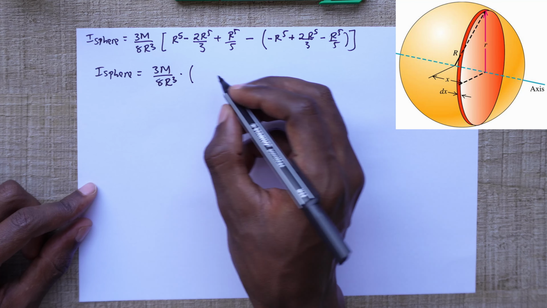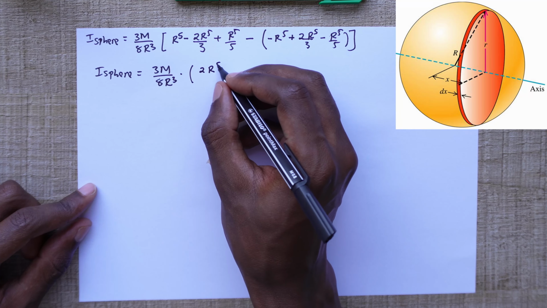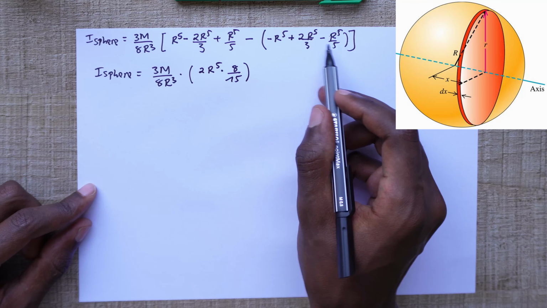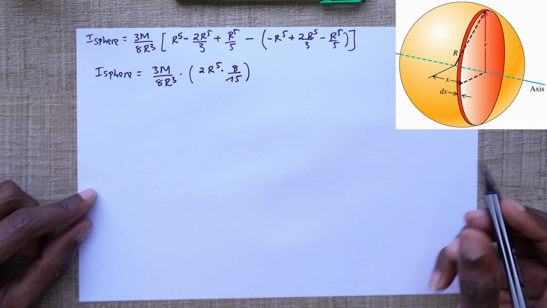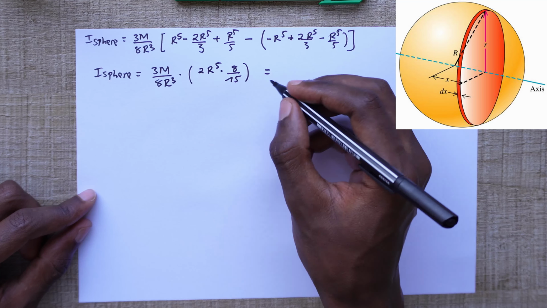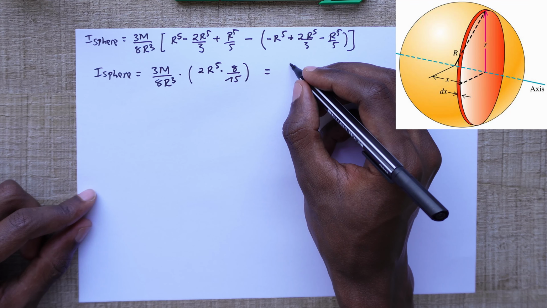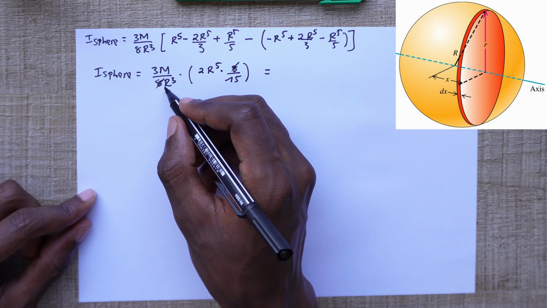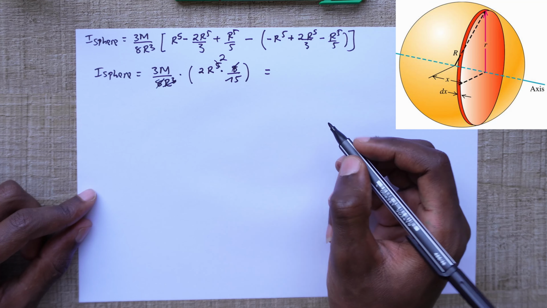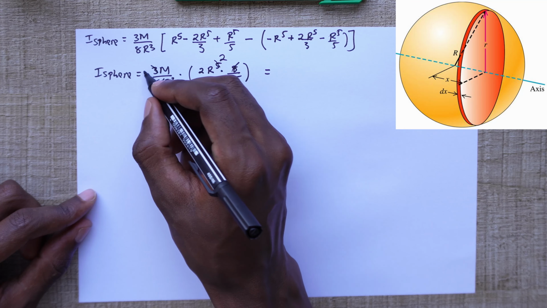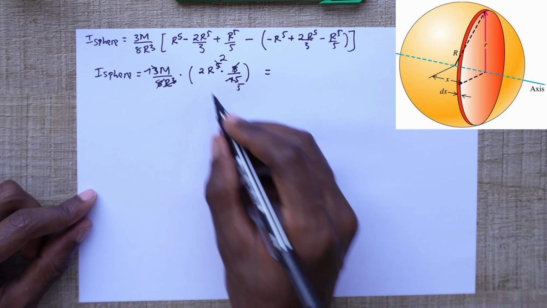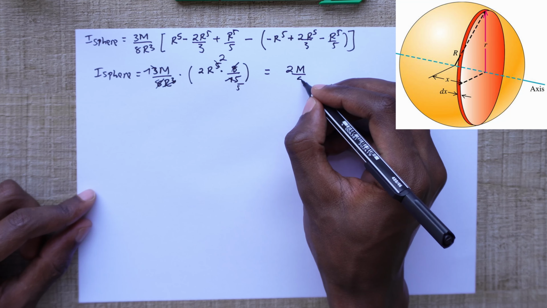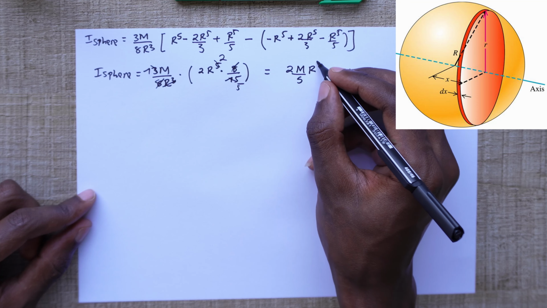So we are going to have here 2R to the power 5 times 8 over 15, if we simplify this. So that's equal to 3m, and we can simplify terms. Here you have R cubed, here you're going to have 2, you're going to have 3 one time and 3 five times. So you're going to end up with 2m over 5 R squared.